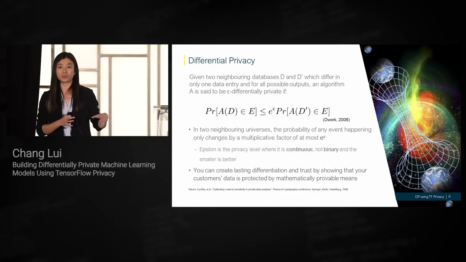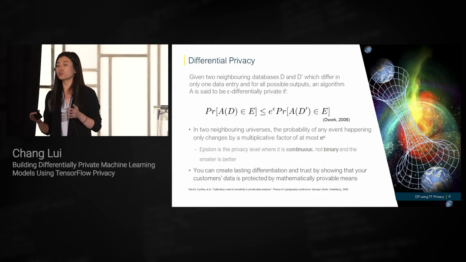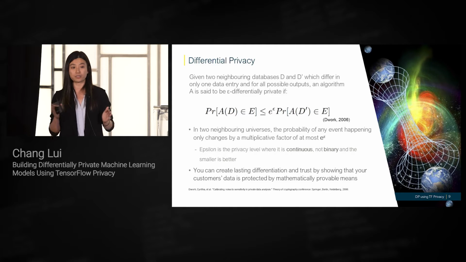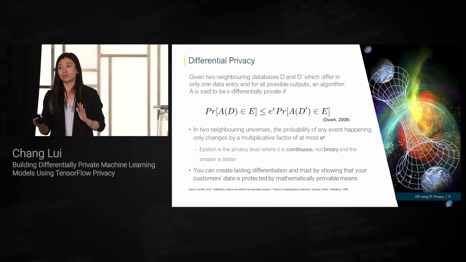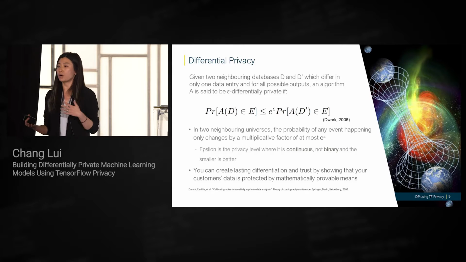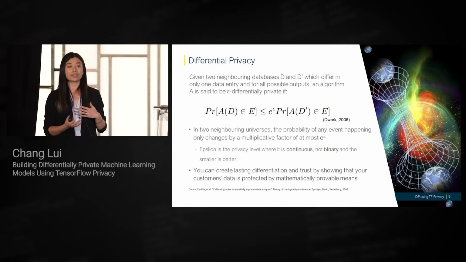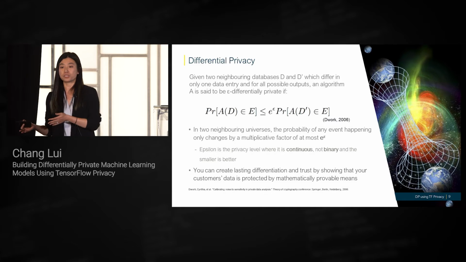With this inspiration of randomized response, differential privacy is this: given two neighboring data sets, D and D prime, with only one record or one user that differs between them, and any randomized algorithm, the outcome of any event from applying this algorithm to D should not change that much when we apply it to D prime.